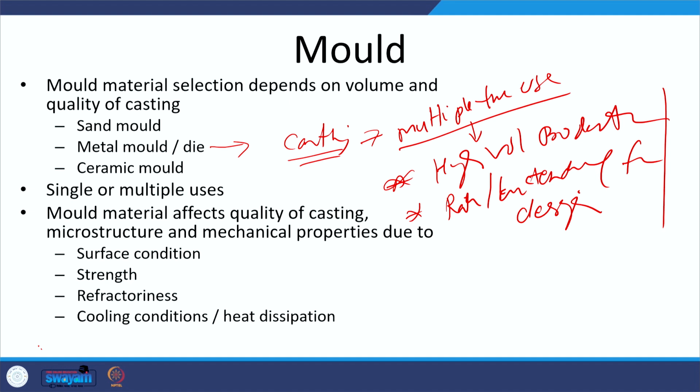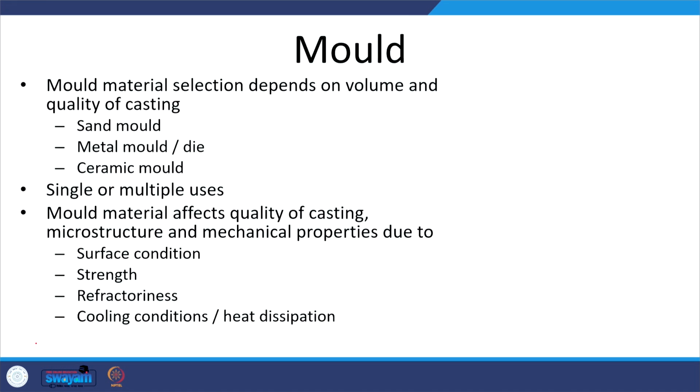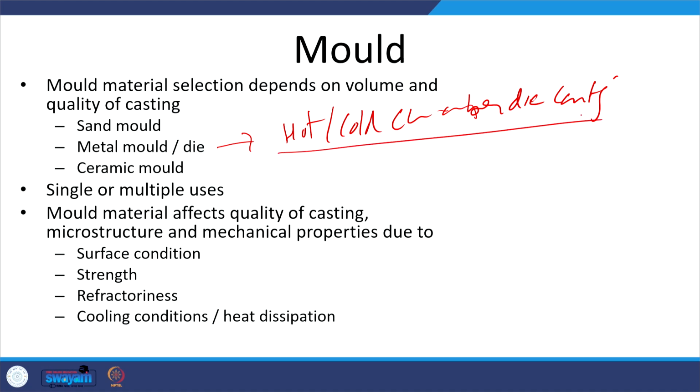Now, there are multiple other variants like hot or cold chamber die casting. Depending upon the way the hot metal is maintained, if we continue to heat while it is in a store, then it is called hot chamber die casting.